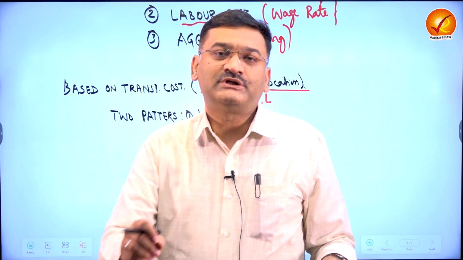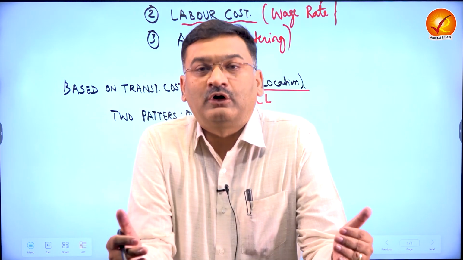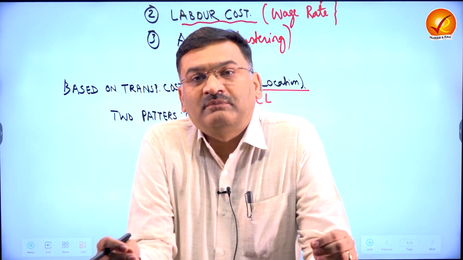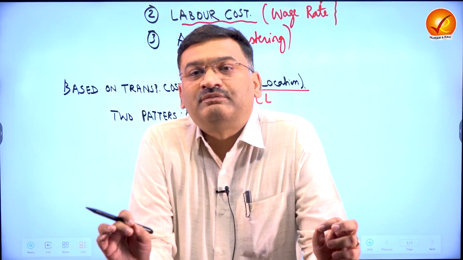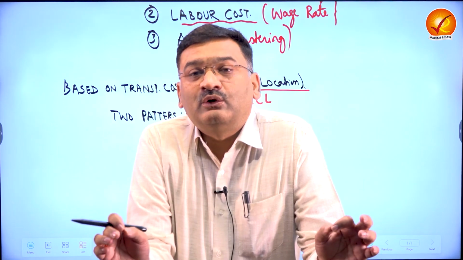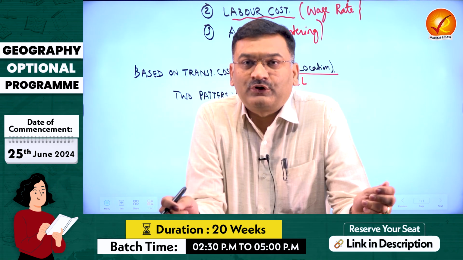The type of questions appearing in the exam is not on the entire model. Nowadays when a question is asked for 10 marks or 15 marks, they can ask you one factor. Like in previous years they have asked about the locational triangle, which is related to the transportation cost.